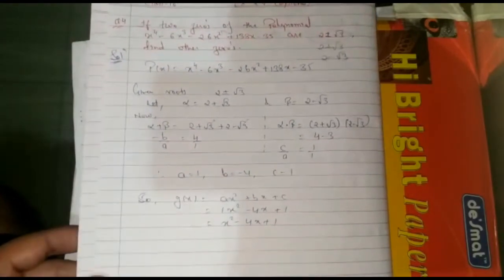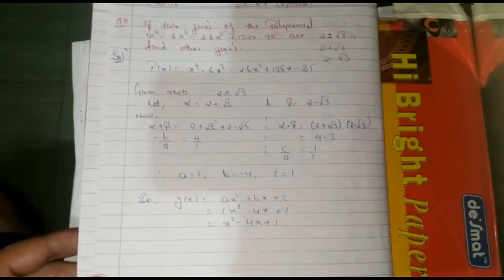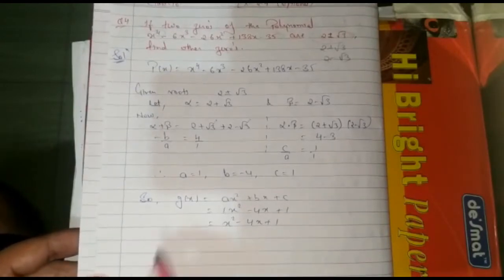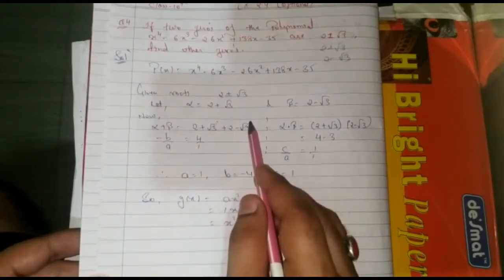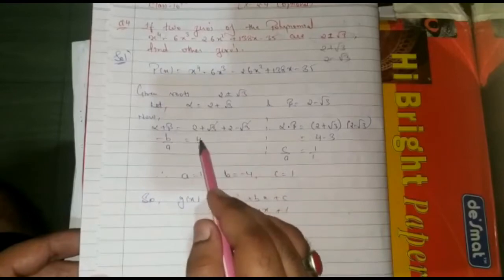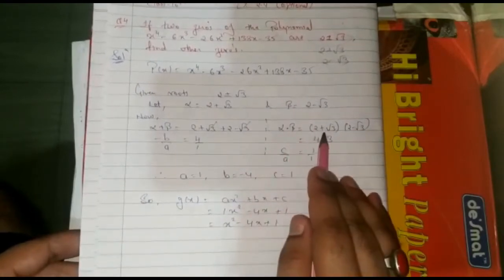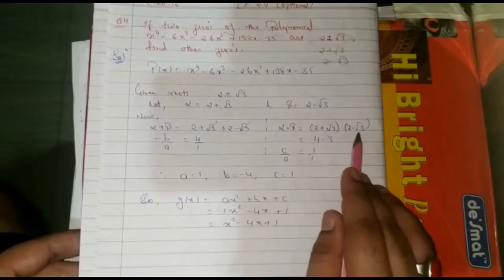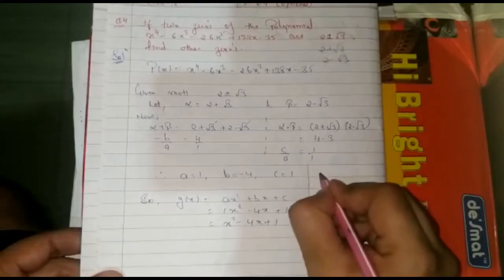So to understand this concept, you have to learn these 3 questions, so it will become easier for you to understand this question. So alpha plus beta means minus b by a, and when we add, plus root 3 minus root 3 cancel out, 2 plus 2 becomes 4, or we can say that it is 4 by 1. Alpha into beta will be equal to 2 plus root 3 and 2 minus root 3. Here we can understand one thing.